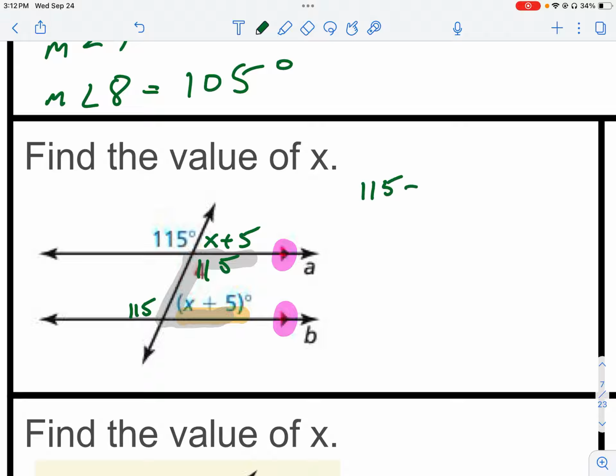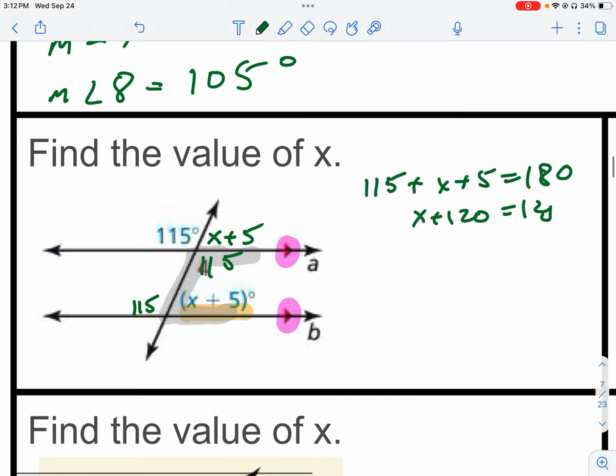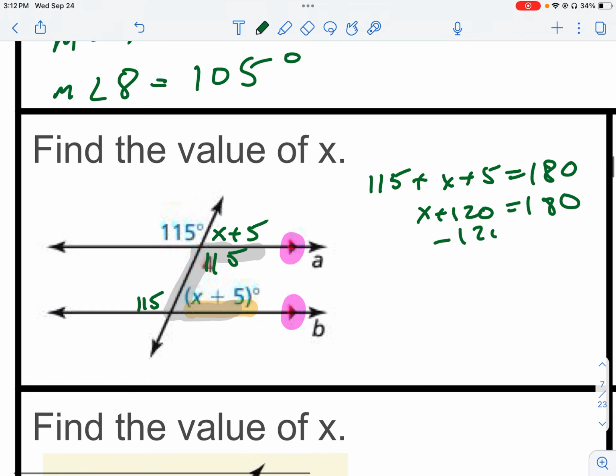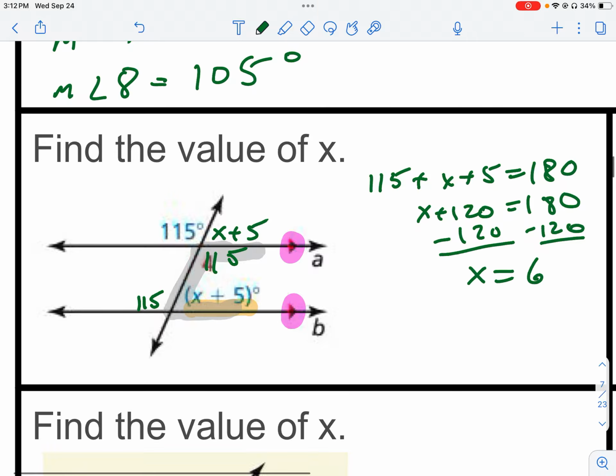So 115 plus x plus 5 equals 180. So we combine like terms. We get the x by itself. The value of x is 60.